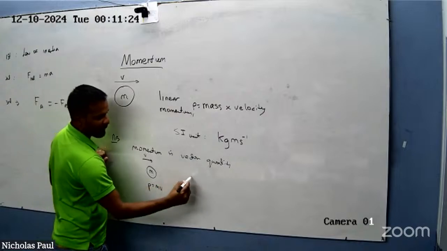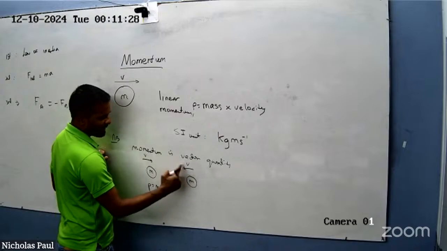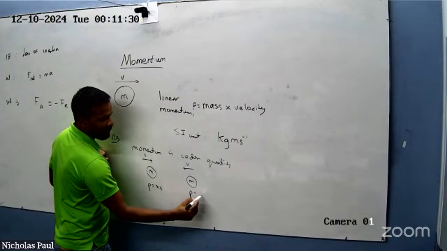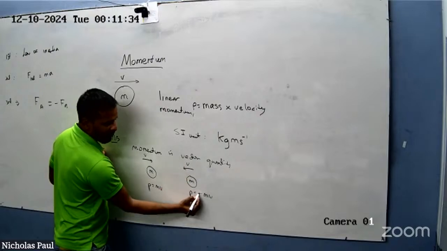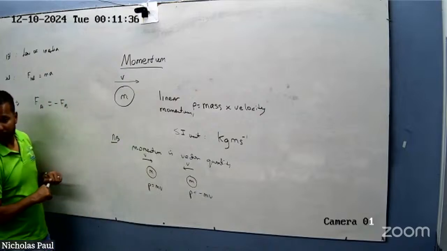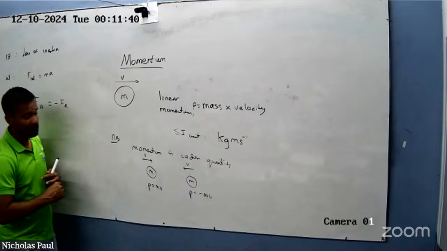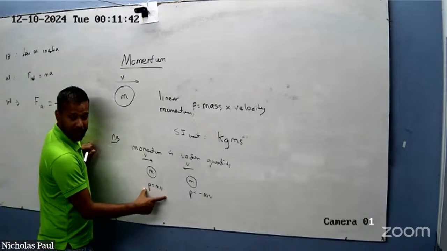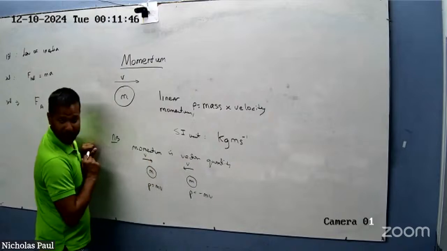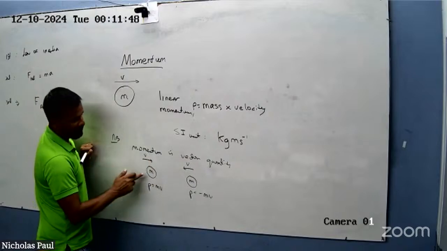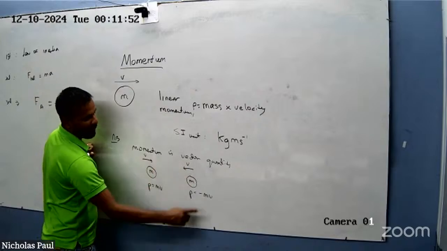But if I give you a mass going in the opposite direction, same v, it has the same magnitude of momentum, mv, but its direction is opposite. So momentum changes here because the direction changes. Same mass, same velocity, but the direction changed.